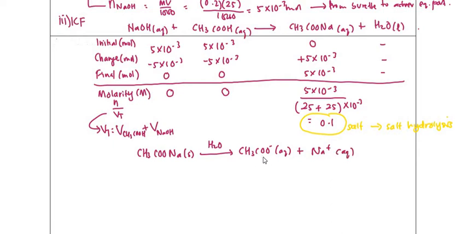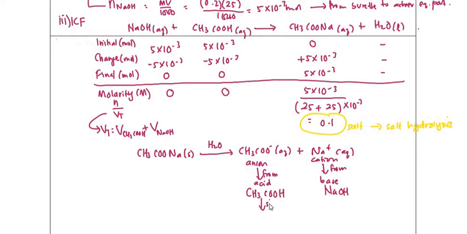Okay, as we know, the cation is always from a base, while the anion comes from an acid. So choose one suitable base that produces the ion Na plus. I will choose NaOH. And choose one suitable acid that produces CH3COO minus. I will choose CH3COOH, ethanoic acid.